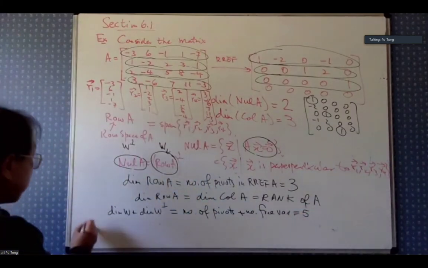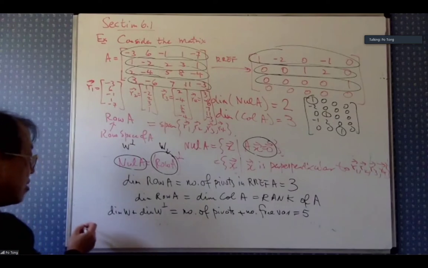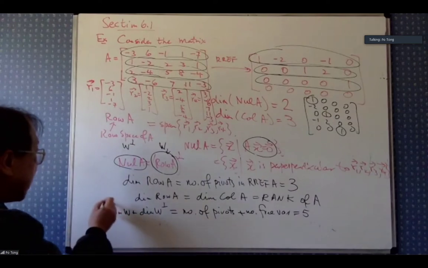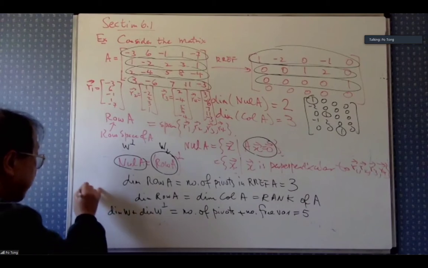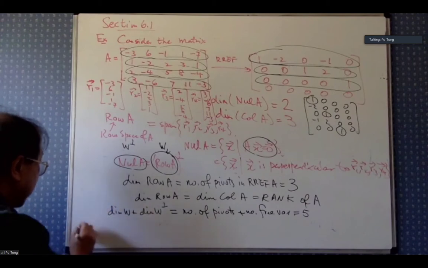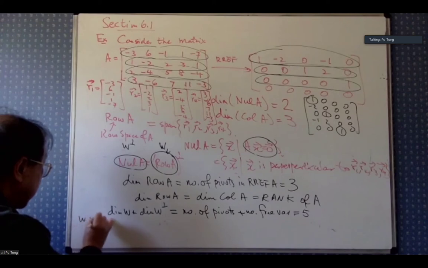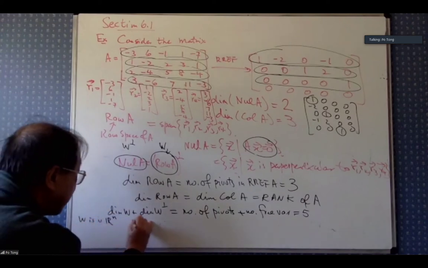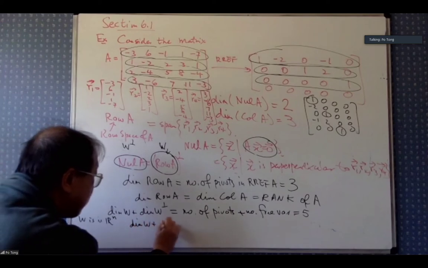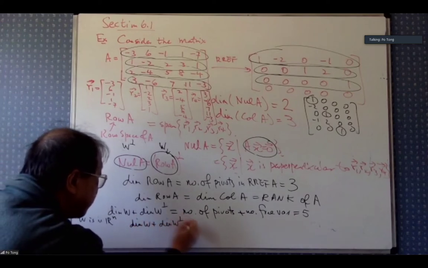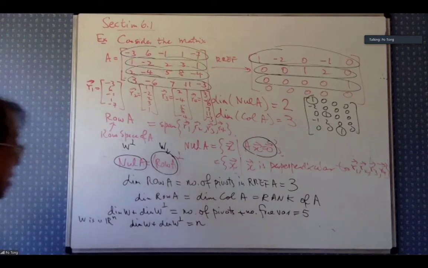So in general, if W is in R^n, then the dimension of W plus the dimension of W perp is going to be equal to n.